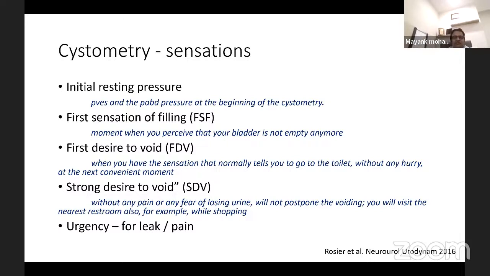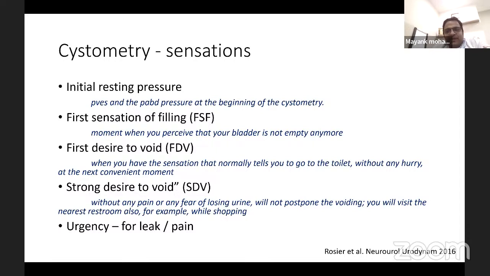So the earlier concept, typically in that machine, has urgency and cystometric capacity. We don't go for cystometric capacity. Cystometric capacity is when you cannot fill anymore. The patient is already in pain. The patient may have an overfilled bladder, so the voiding phase is going to be jeopardized.